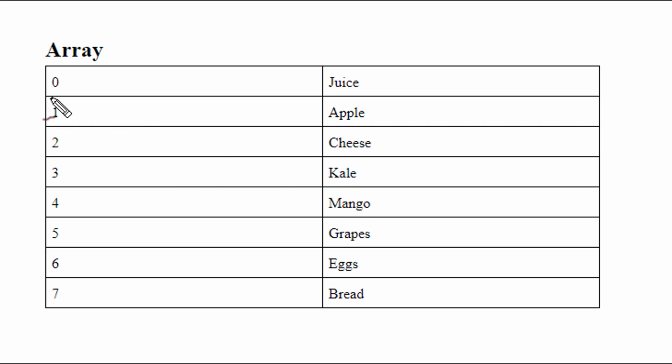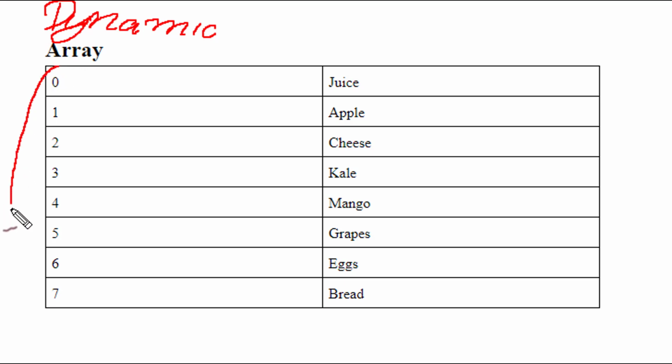What if, in the middle of coding, you realize that, wait a minute, I actually need one more item, the 8th item in the array. We can solve this limitation or problem with static arrays by using dynamic arrays. Dynamic arrays allow us to copy and rebuild the entire array with more memory if we want to.